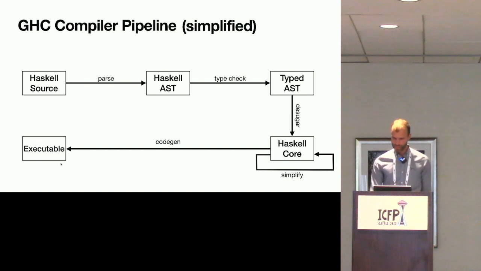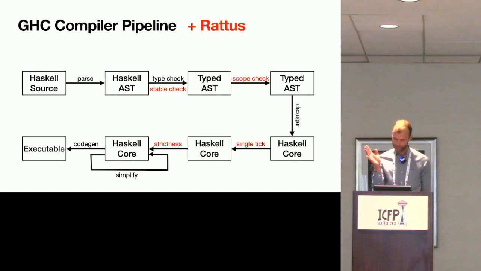Now, what Rattus does is hook into various parts, the ones highlighted here in red. For example, during the type checking phase, we also supply a custom constraint solver that solves all the Stable constraints, checking that types are stable if we require them to be stable in certain circumstances. And then over here we have the scope check, which checks the stricter typing rules of Rattus.